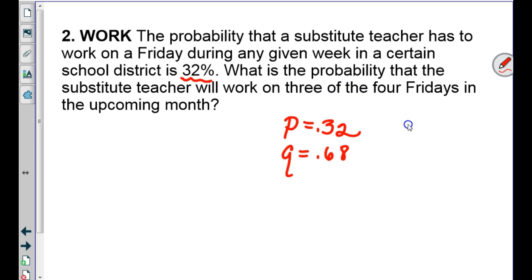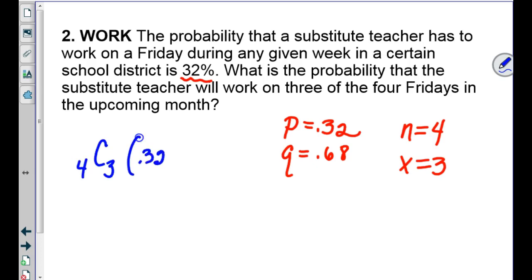So we want the total number of trials to be 4 and the number of our successes to be 3. We're going to cheat and do this the other way, but let me write it out this way one more time. 4C3, 32% of the time she wants to succeed, which would be 3 successes. How many failures then?